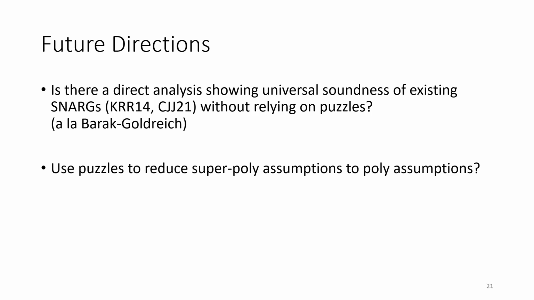Another direction is that actually in this work, we use some method of using puzzles in order to reduce super polynomial assumptions into polynomial assumptions. And it will be interesting to see if we can use a similar method in other settings. So for example, there is actually a previous work by Bitansky and Solomon where they use a similar method to bootstrap leveled homomorphic encryption into fully homomorphic encryption. That's it. Thank you.